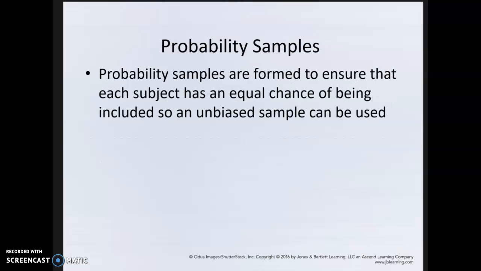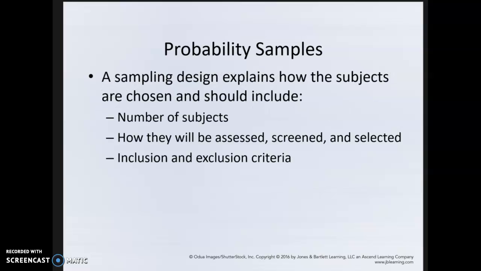So when we're looking at probability samples, we're looking at those to ensure that every subject has an equal chance of being included, and it's really important to look at those samples to make sure that we aren't choosing folks that will get the outcome that we want. And that's a really important factor to look at when you are critiquing the articles.